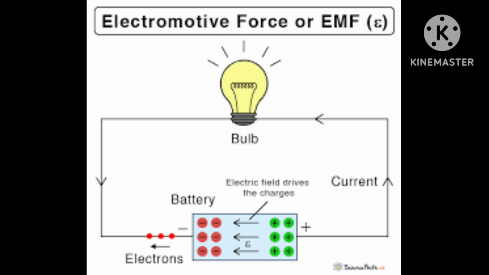Now the question is why the anode is negatively charged and why the cathode is positively charged in the case of a galvanic cell.